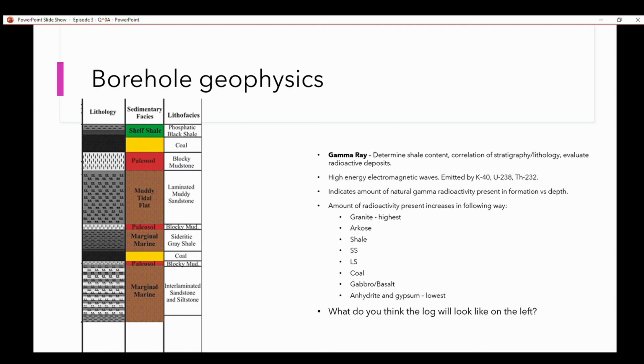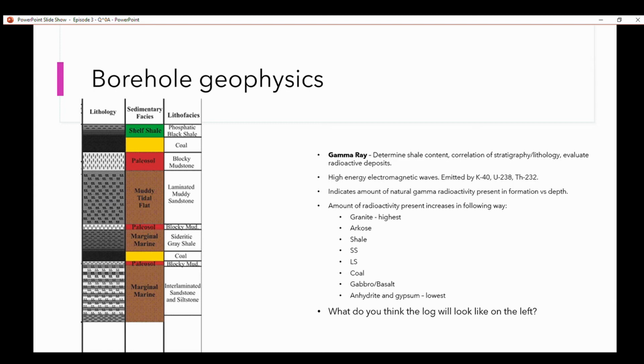It indicates the amount of natural gamma radioactivity present in the formation versus depth, which is typically how it's plotted. The amount of radioactivity present increases in the following way. Granite would have the highest gamma ray readings, and then it goes all the way down to anhydrite and gypsum, which are evaporites, and that would be your lowest.